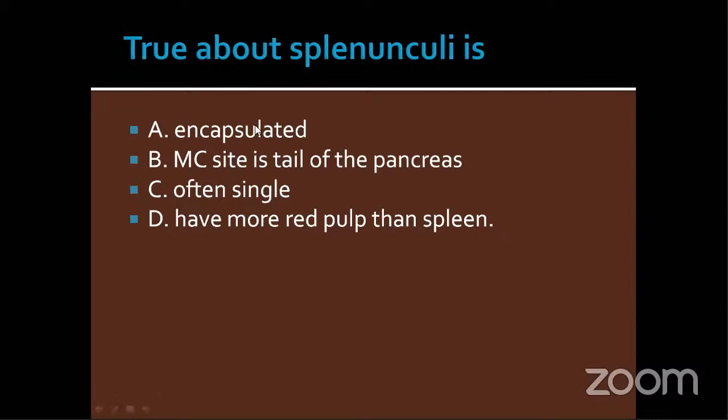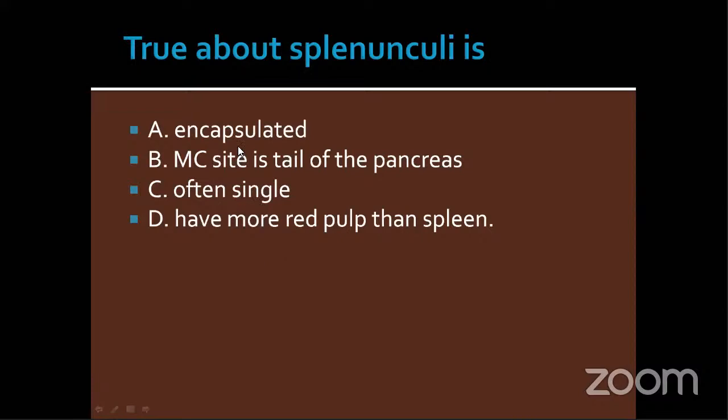Actually, I told you the splenunculi almost anatomically and functionally resemble the spleen. So they are encapsulated. They are multiple. The most common site is hilum. The next common site is tail of the pancreas. So they have more red pulp than spleen? No, it is not like that. They contain equal amount of red pulp as well as white pulp.